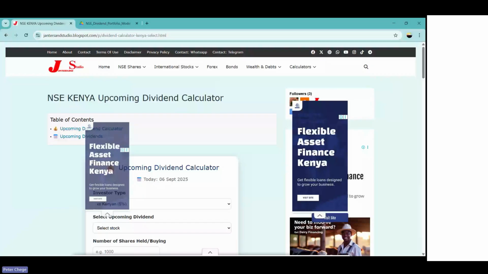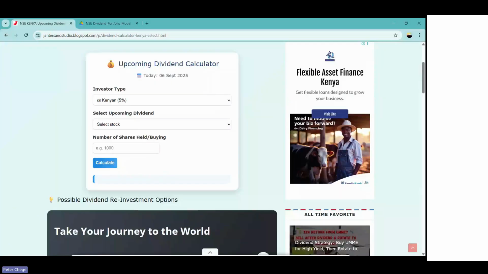So you have this calculator I just created for you to make it easier to understand dividends. If you're a foreigner, you can use it to know how much you receive in form of dividend. Let's start with the Kenyan. We select the stocks that have not closed books. Here, it even tells you when the book will close. Then let me put 10,000 as the shares and click calculate.